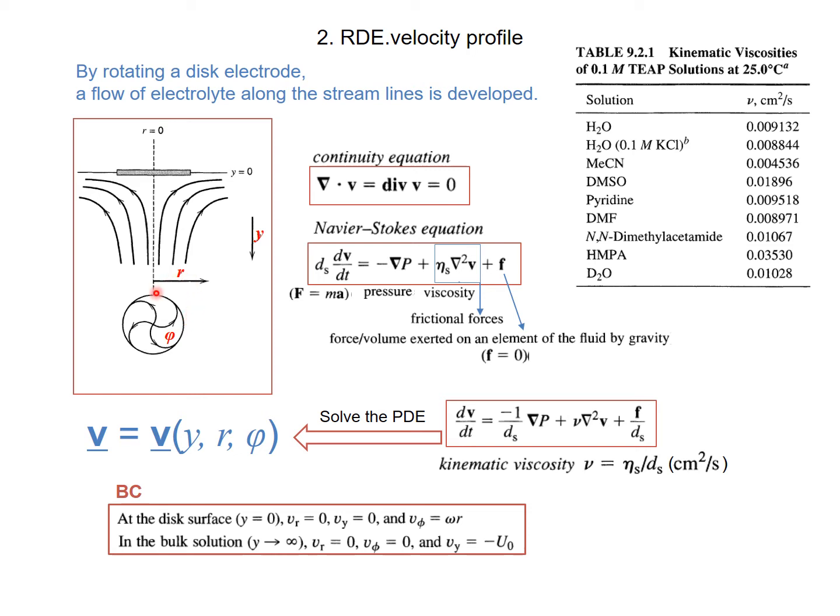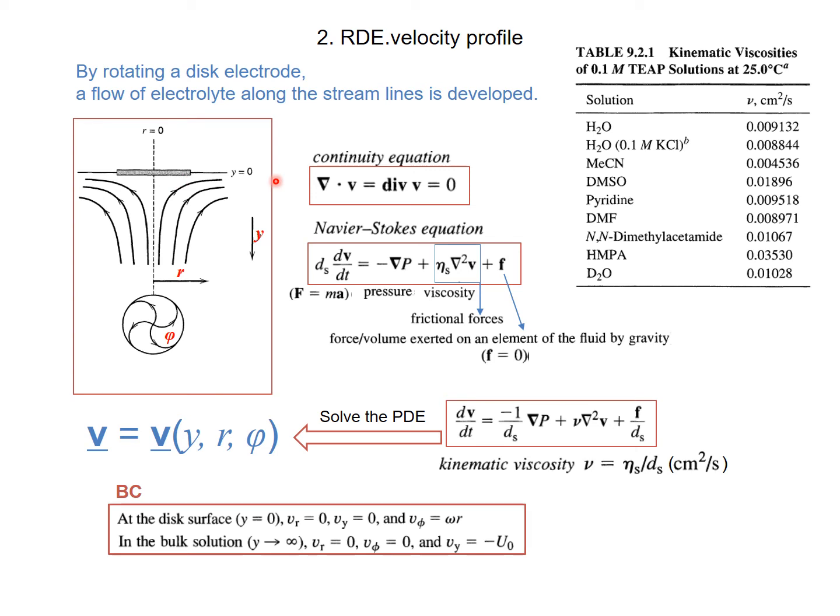So let me say again, I am rotating this electrode in this direction. So some flow is developed on the surface. Also, some molecules are thrown away from the center to the outside of the disc electrode by the centrifugal force.